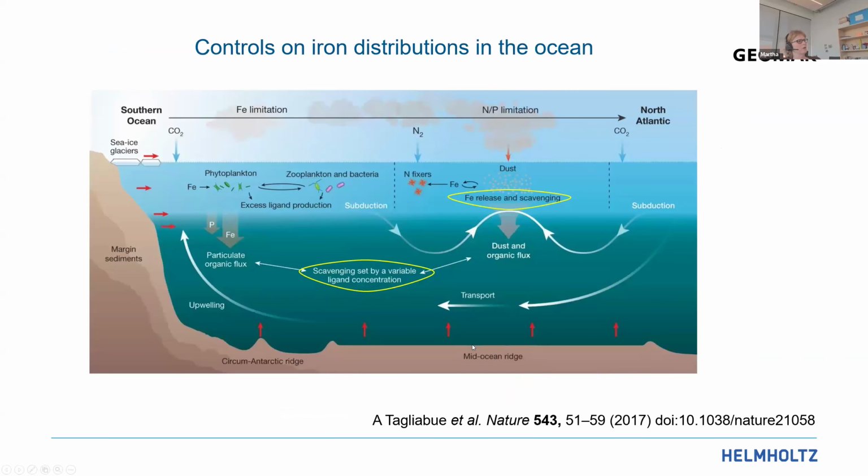Okay, so going back to our controls, the original question: what difference does it make to this overall picture? I mentioned this release and scavenging and the ligand concentration. These are the three terms I want to focus on that I think change as a result of this study.